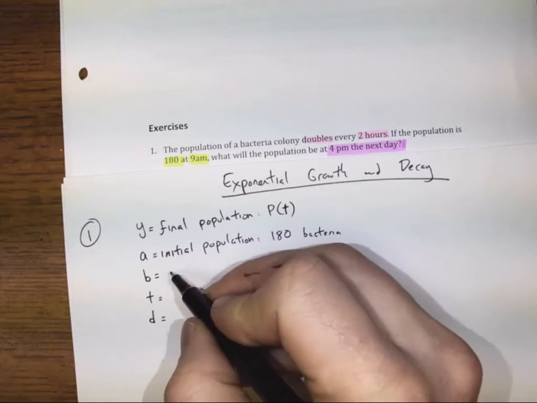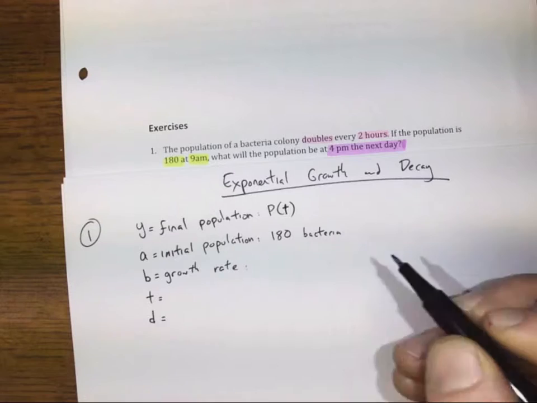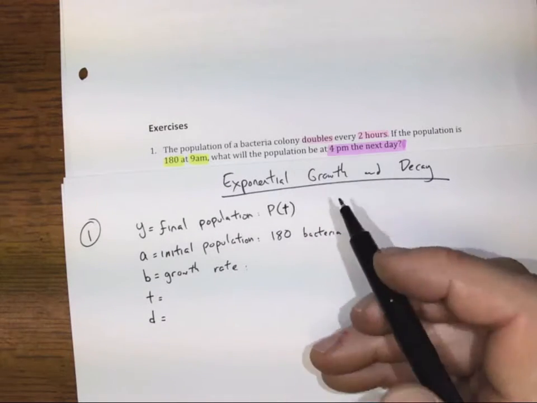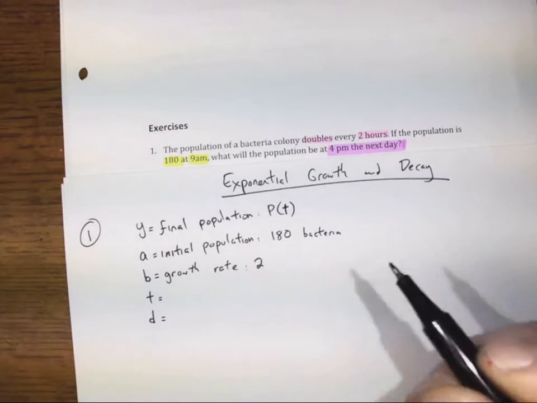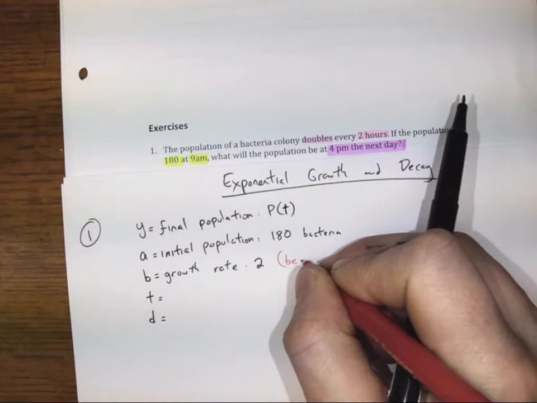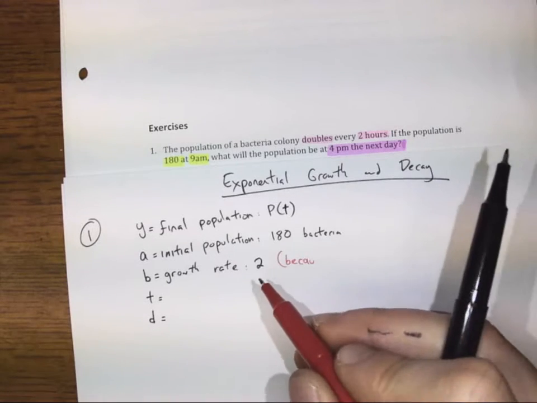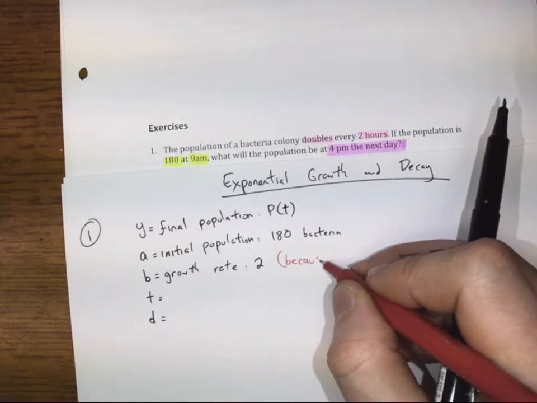And our B is our growth rate, which in this case is 2. And it's 2 not because it says 2 hours, it's 2 because we are doubling. So if we tripled every 2 hours, our growth rate, B, would still be 2.